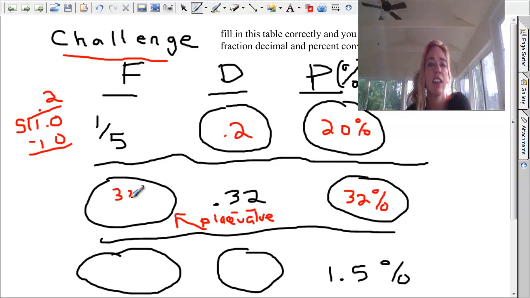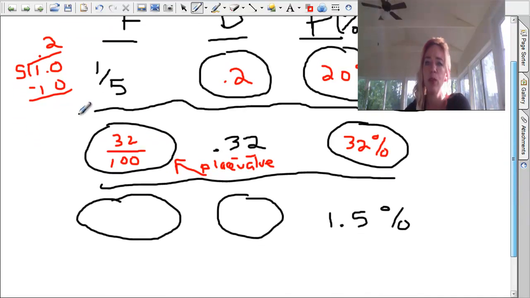That's 32 out of 100. And you can reduce that by dividing the top and bottom by 4 or 2 until you get it reduced. I'm not worried about reductions right now, but I can write a little note to self, reduce if need be.